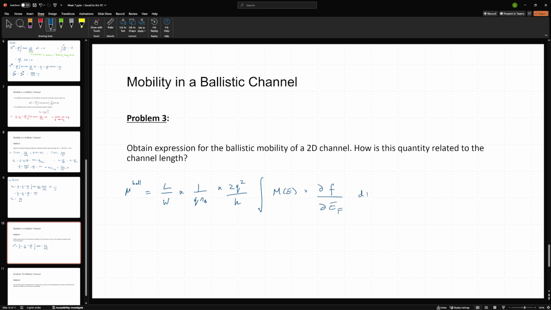EF, DF, DE, not DF, into W. Wonderful. So now what is going to happen? Here, just assume T not equal to 0, the generic case. So now what we are going to have is L into 1 upon ns into 2q upon h.